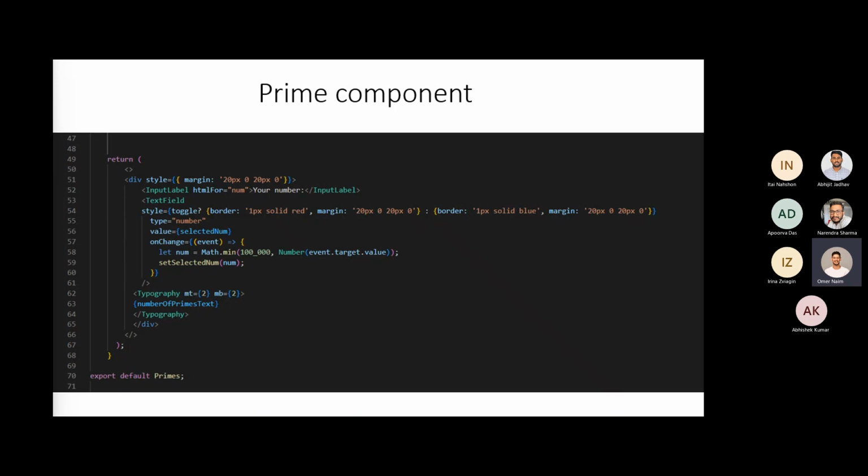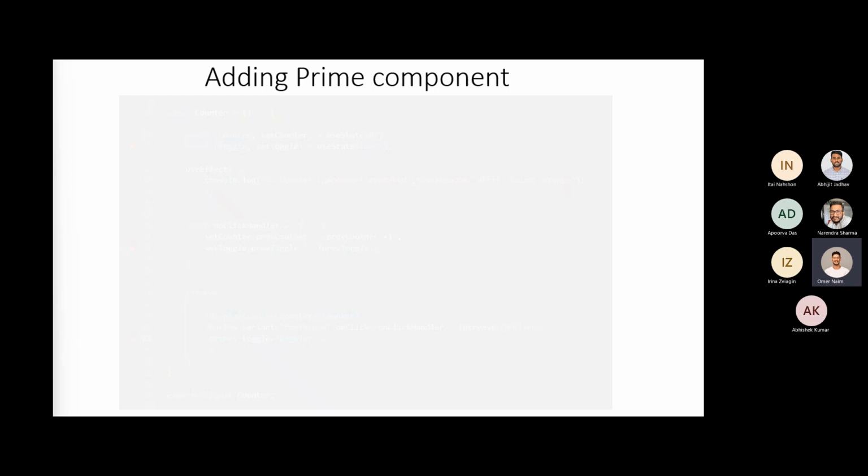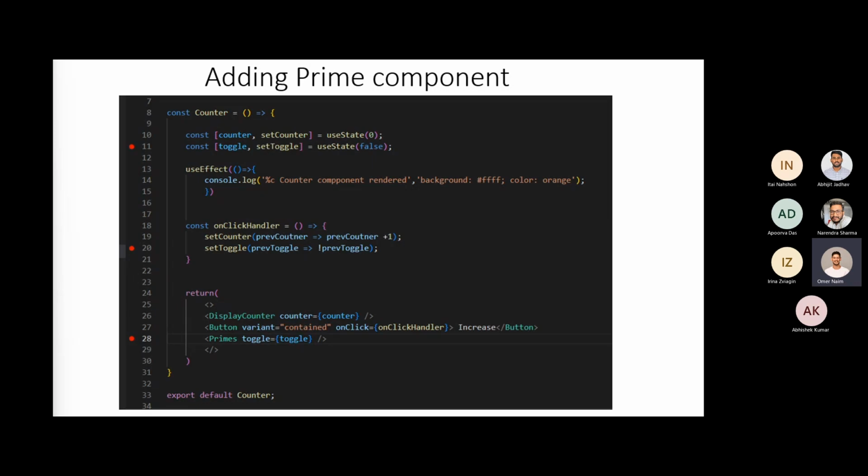The important thing that you need to understand here is just line 54, which says that if toggle is true, make the border of the text field red, and if it's false, make it blue. And in line 63, you see the text that I put outside, which displays in a more convenient way in this JSX code.